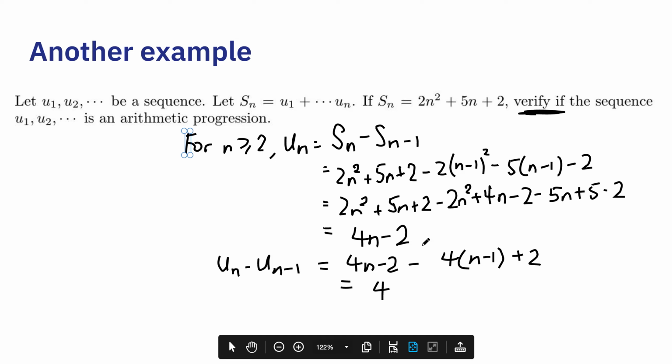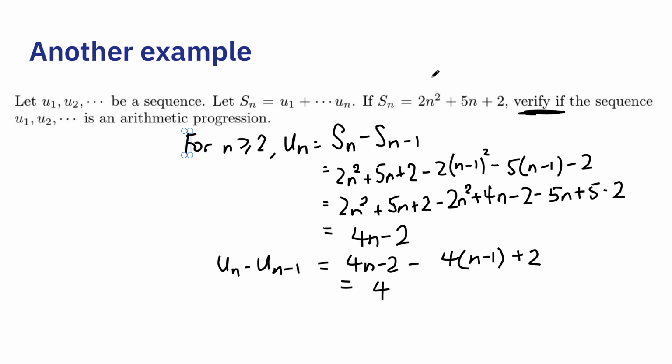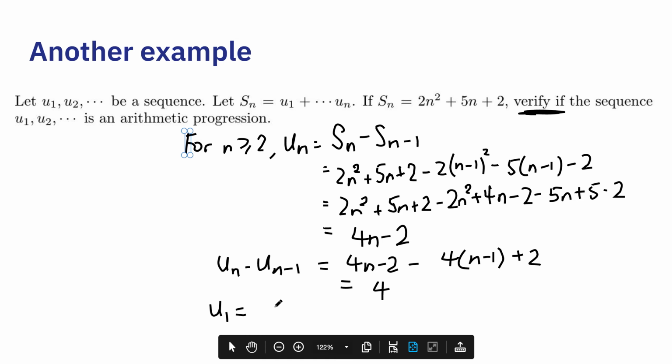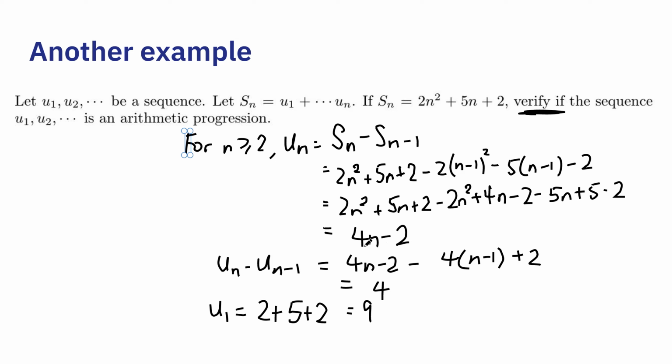But if we were to check u1, right? Let's see, u1 is equal to s1. So u1 equals 2 times 1, which is 2, plus 5 times 1, which is 5, plus 2, which is equal to 9. And we realize that it doesn't actually satisfy 4n minus 2 over here.